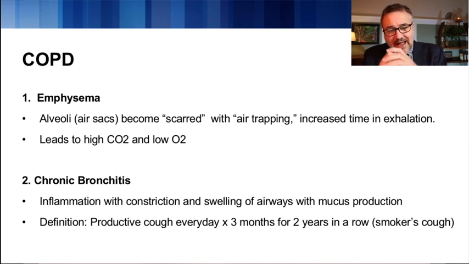With that scarring, you get breakdown of the alveolar walls and larger alveolar spaces, and an inability of the lung to push out that air. It's trapped air, and we call it air trapping. That leads to a buildup of CO2, because we can't get rid of the carbon dioxide the body's making, and lower oxygen levels over time because oxygen exchange is not as efficient when we start losing surface area in the lung.